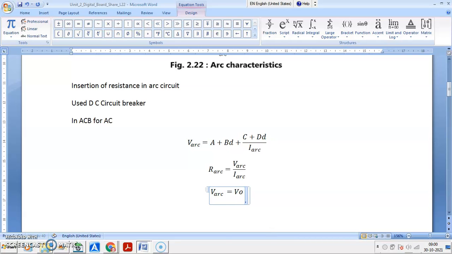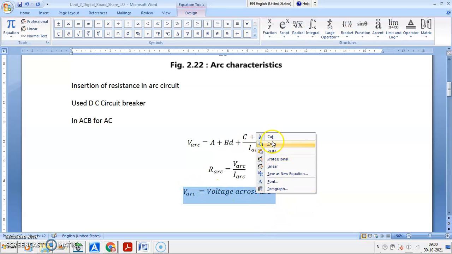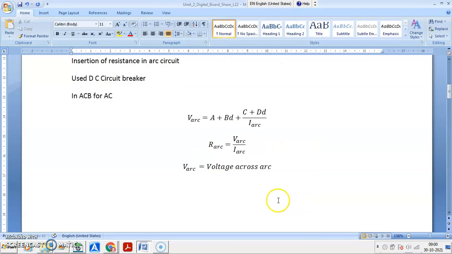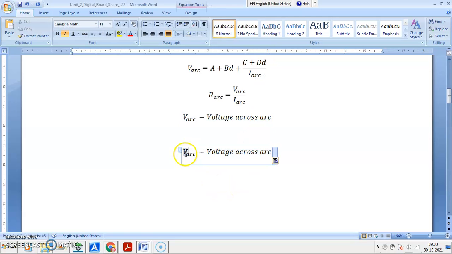So, voltage across the arc. Okay. Then what next is I arc. What is I arc? Arc current, the current flowing through the arc.